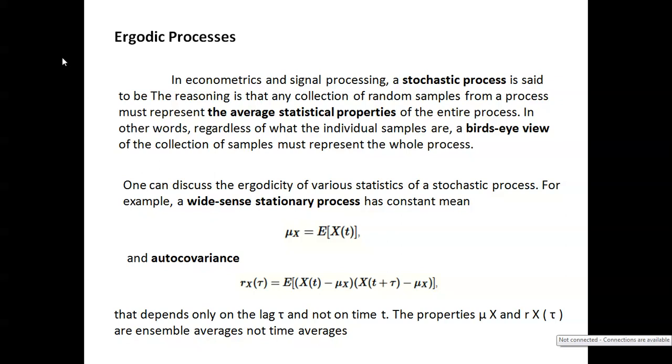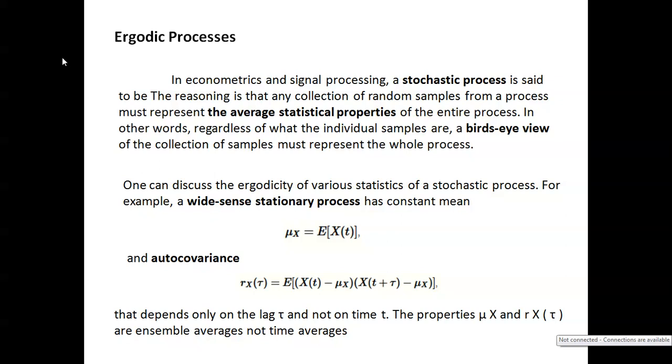Then you have to take a sample, that collection of samples, and take the average statistical properties. So this is called an ergodic process. That total sample of data represents a bird's eye view.